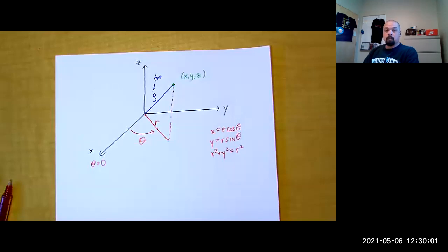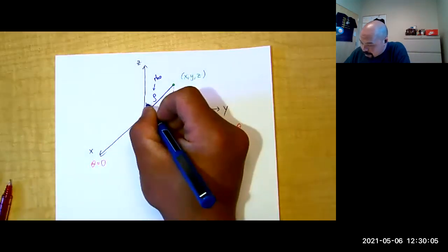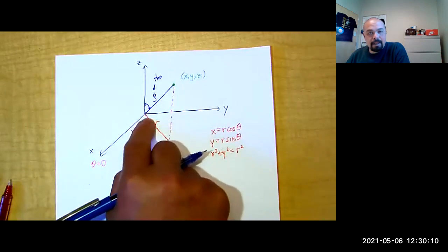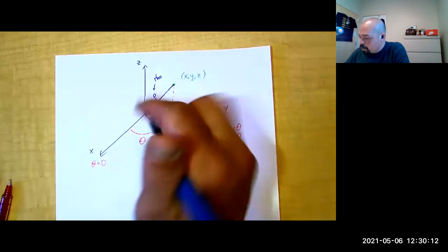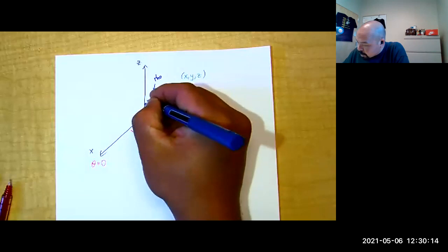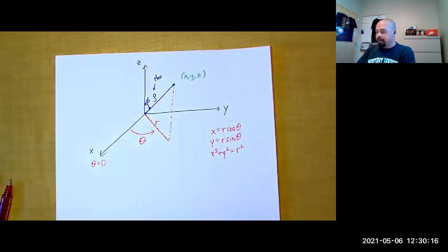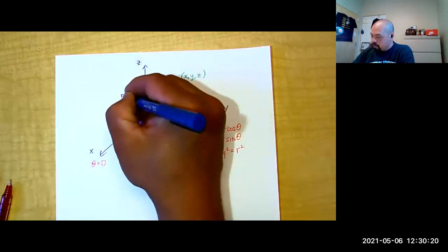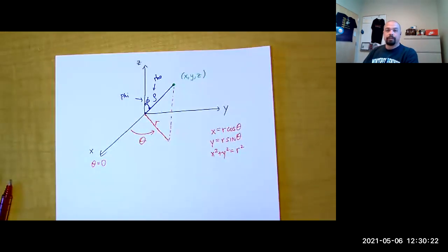And now pay attention to this part, measuring from that positive z-axis out to that radius, that measurement from the origin to our point, we're going to give this the angle phi.